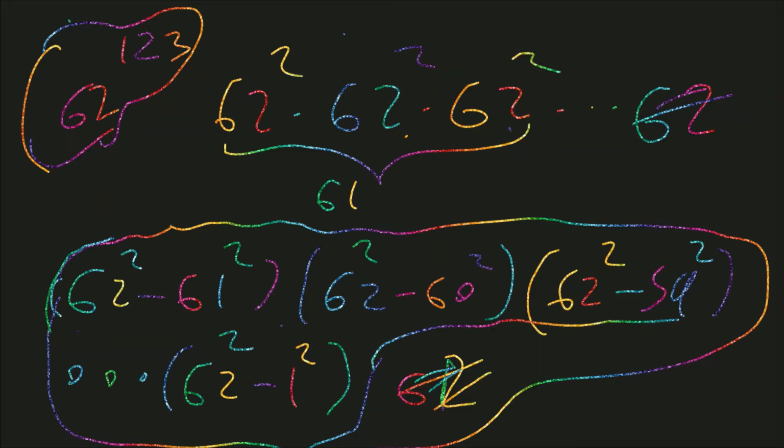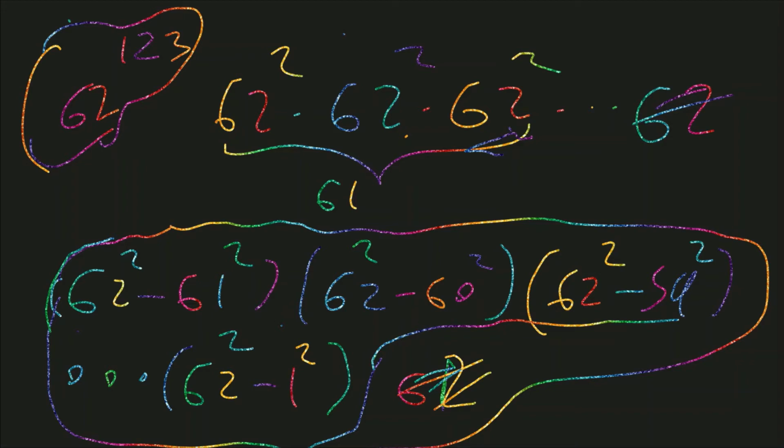Here we've got 61 numbers multiplied together, all of which are smaller than 62 squared, and here we've got 61 factors of 62 squared multiplied together.